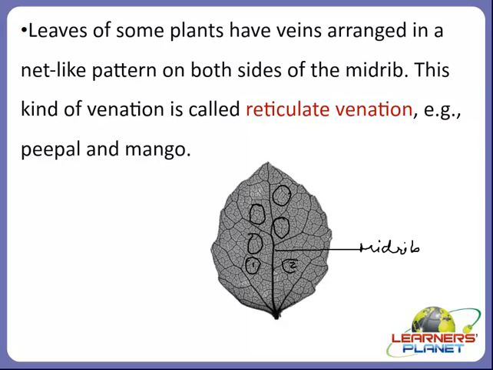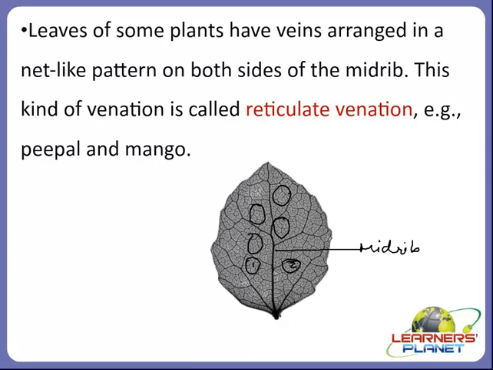This is first side, this is second side. So this kind of venation is called reticulate venation, means it does not run parallel. An example is peepal and mango. Peepal and mango leaves have reticulate type of venation, right?